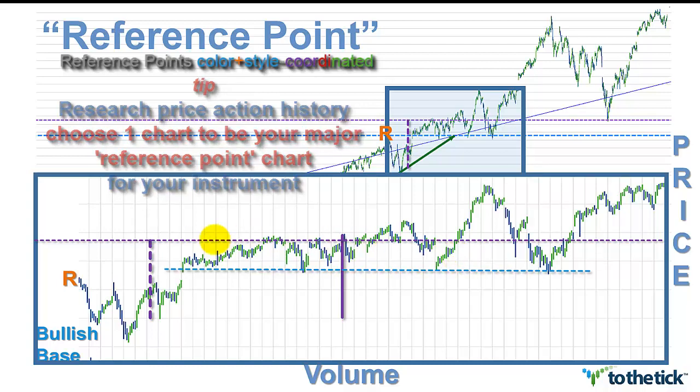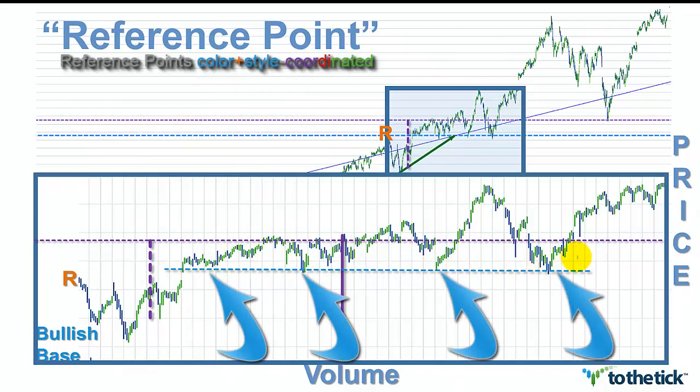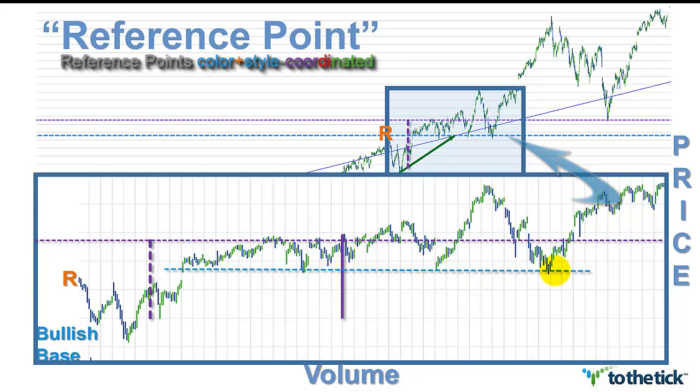The reason to incorporate this type of information should be fairly clear here. Using this big example, our big bright blue dotted dashed line became a major base of support that has not been touched, revisited since.